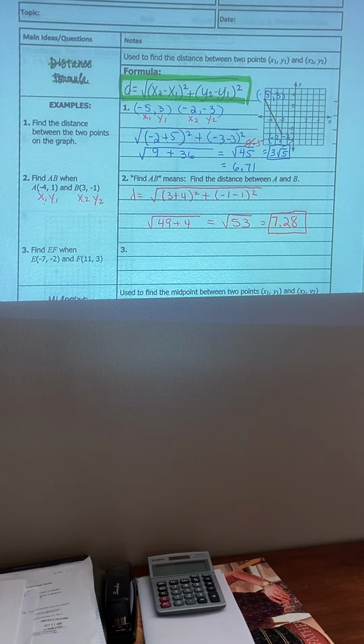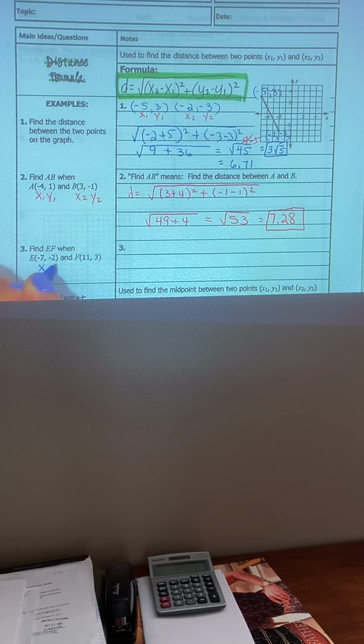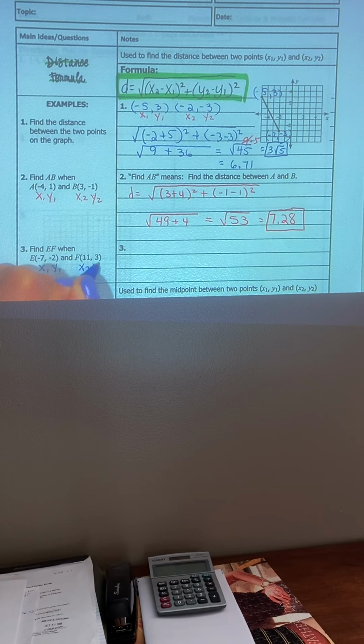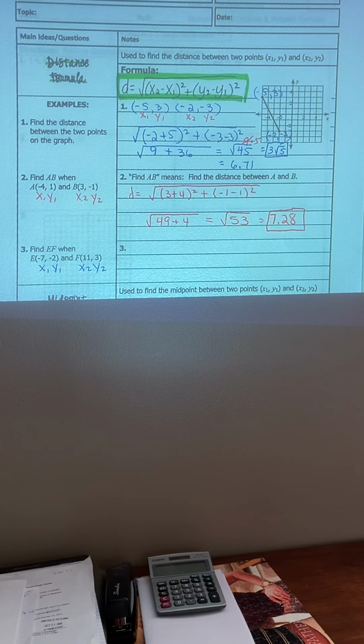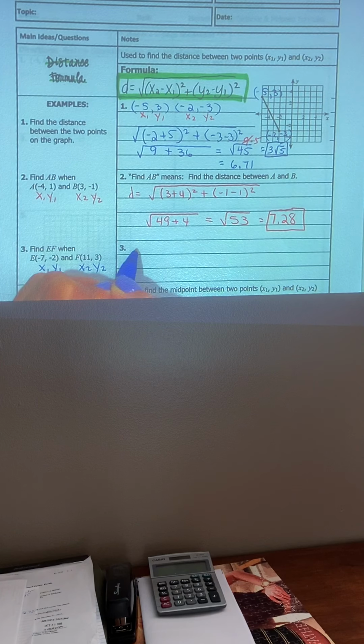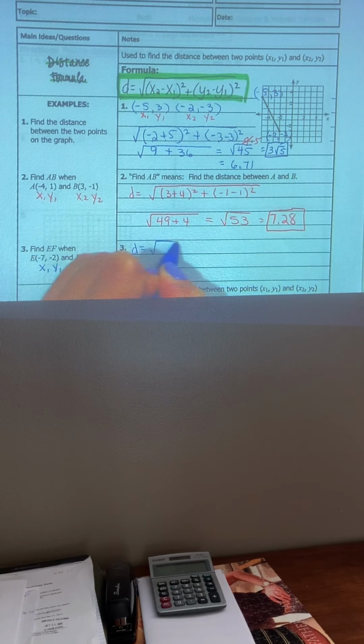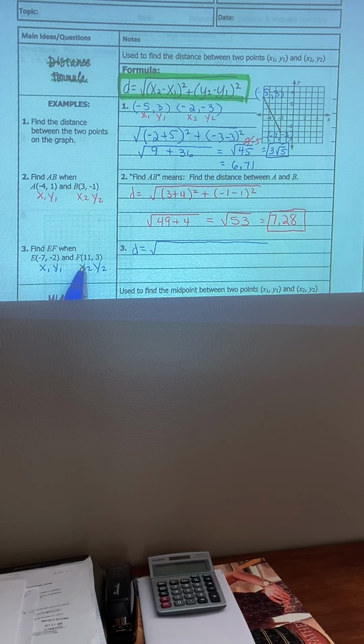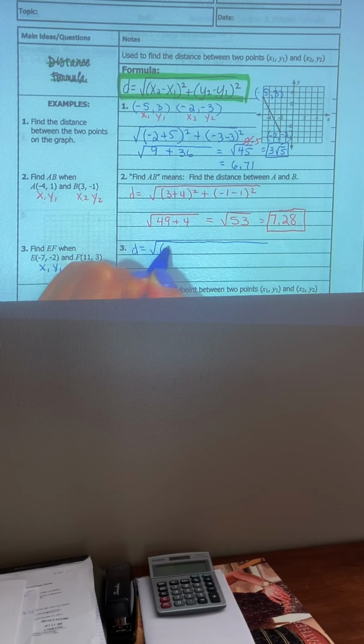Number 3. x1, y1. x2, y2. All right. 11 minus -7, which means 11 plus 7.